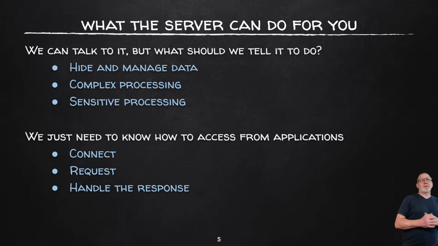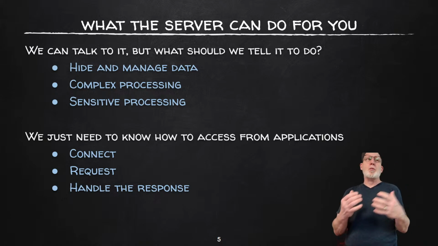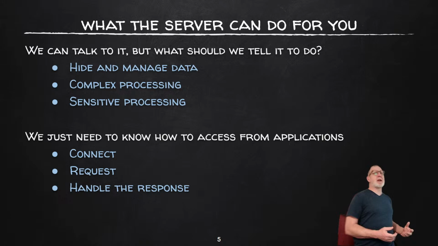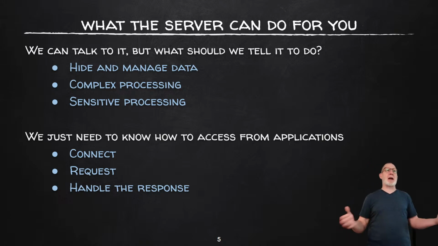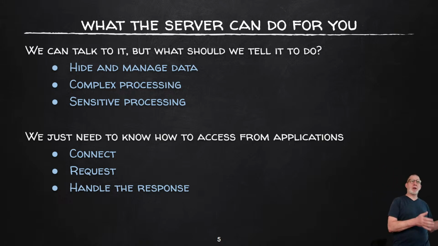All of this is stuff that you may not want to put on the client machine. It's also stuff that it might be advantageous to have in one central location. And depending on what we're doing, we have to decide what part of our application goes where.